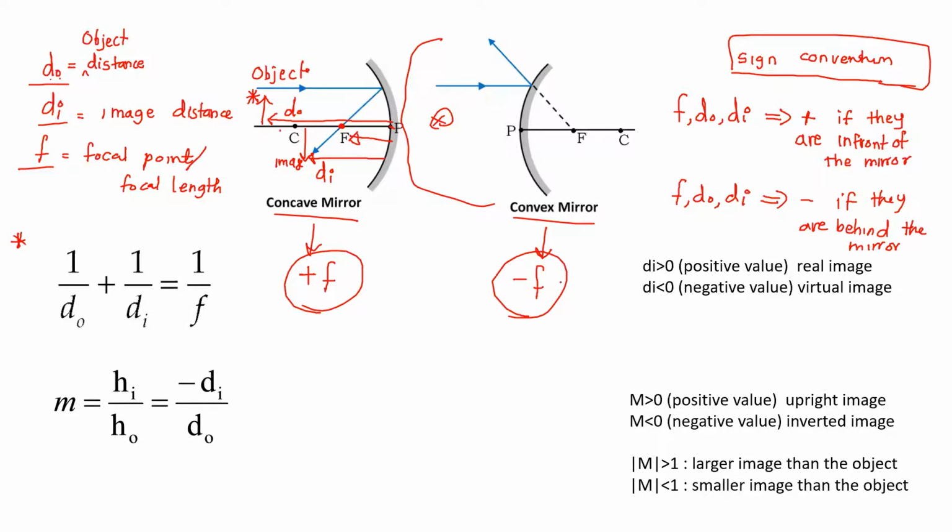Okay. So if you know this, you can do anything. But there are some nice things that you can figure out from these. If your DI, the image distance, is a positive value, that means where is your image?